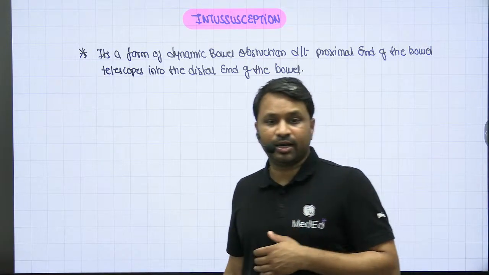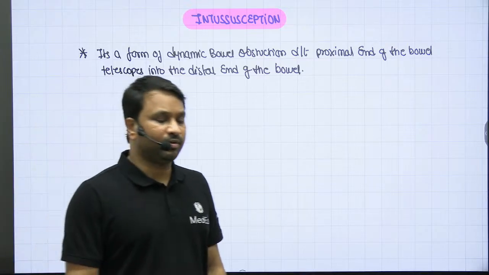When the proximal end of the bowel telescopes into the distal end, this is what we call intussusception.